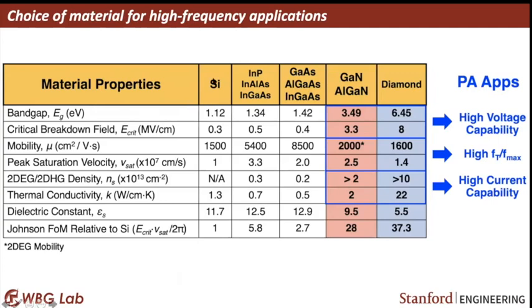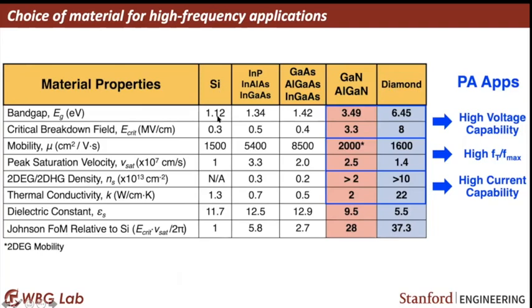So then the question is, okay, you have silicon, you have indium phosphide, and related other materials, you have gallium arsenide, and then related materials, you have gallium nitride and related materials. And people also work on diamond for this application. So these are the different kinds of materials available for fabrication of these transistors, which we want for amplifying RF signals. So we need to see which material is better.